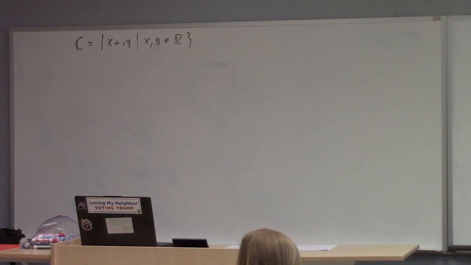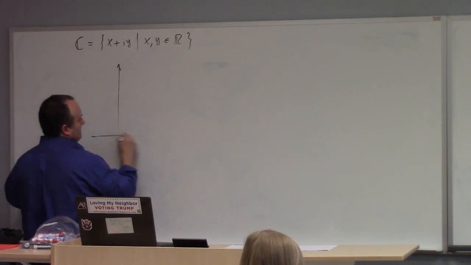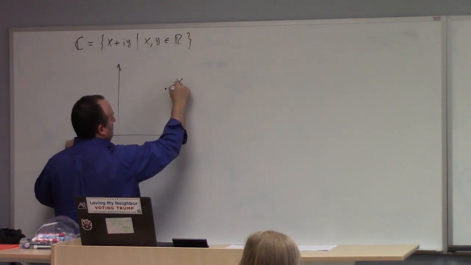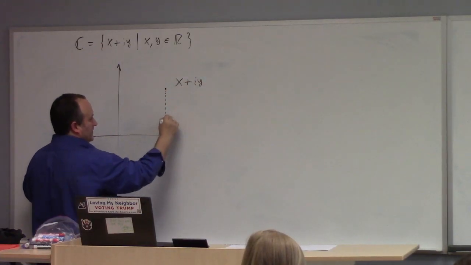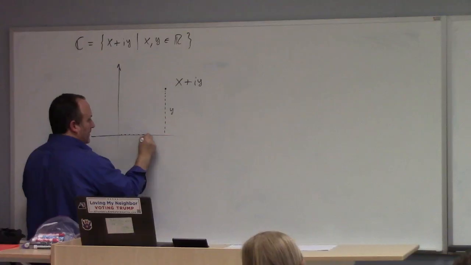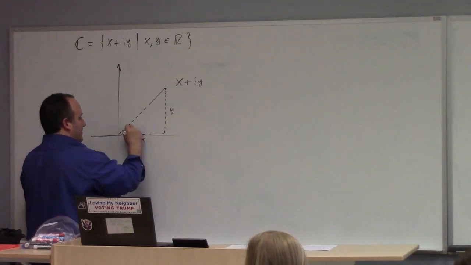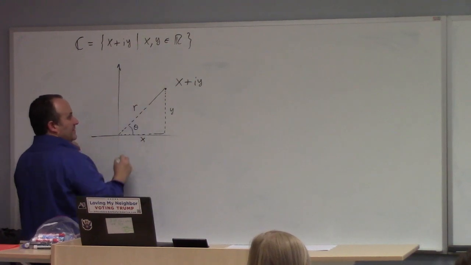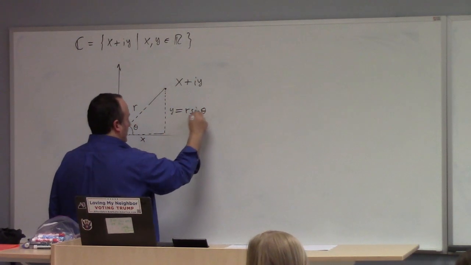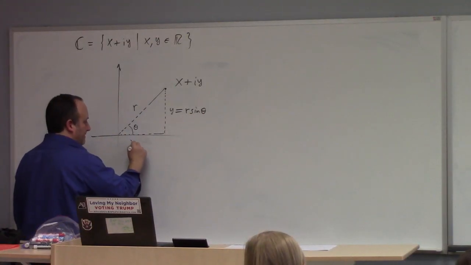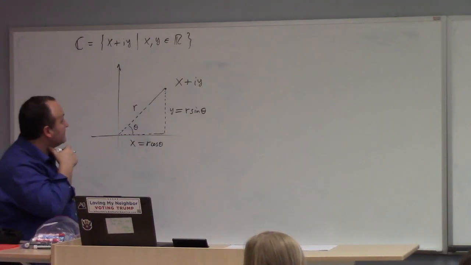Well, you guys know polar coordinates, right? So if I was to graph x plus iy, like here, that means that this is y, right? And this is x. And so if I go like that, make this angle theta, call that distance r, you guys know the deal. y is equal to r sine theta, and x is equal to r cosine theta, right?